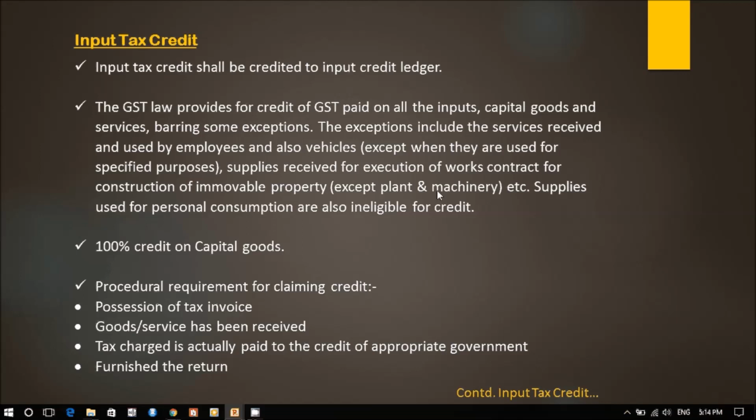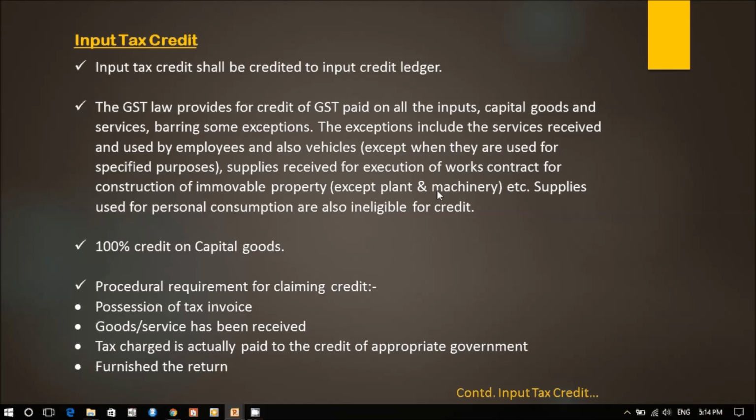That's why they are not allowing you the input tax credit. Another major thing is 100% credit on the capital goods is allowed in the first year itself. There is no concept of 50% credit in the first year and the remaining 50% credit in the second year. Whole 100% credit would be allowed in the first year.